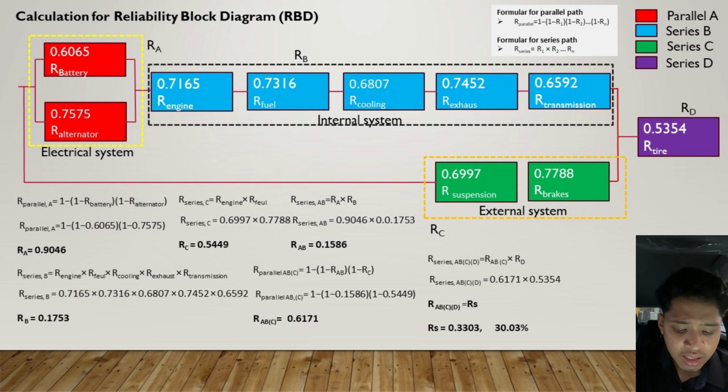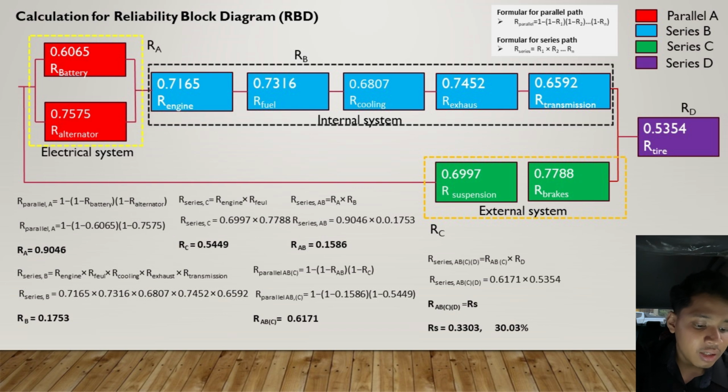Then we move on to calculate RC. RC is a series, and we multiply R engine and R fuel together and we get RC is 0.5449. In parallel, AB and C, we calculate both, and then we get RAB and C in parallel 0.6171.